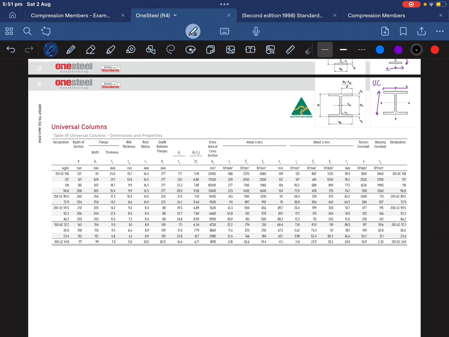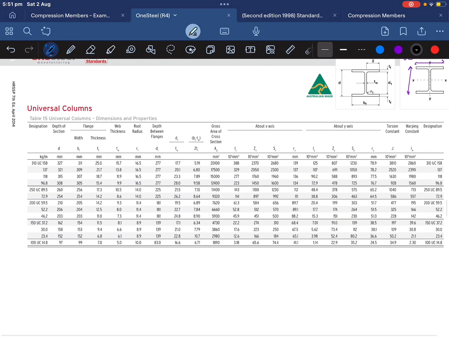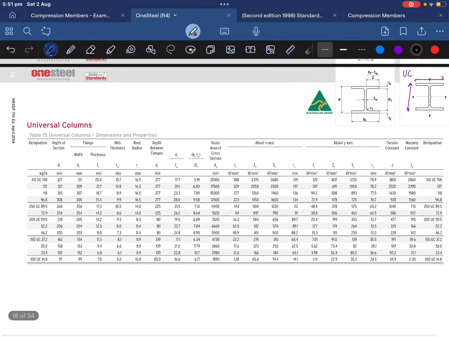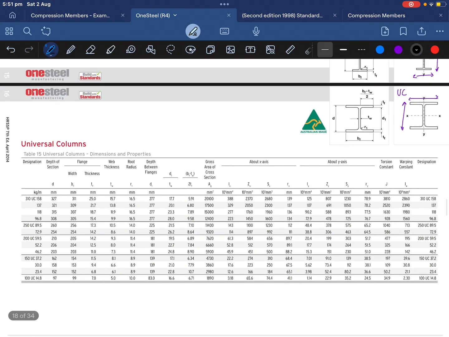So instead of doing all this by hand, you can use software programs, you can use Excel sheets, and things like that, just to automate this process of iteration, because it can take a lot of time. So in this case, we can actually go up two sections, which is 200 UC 46.2.